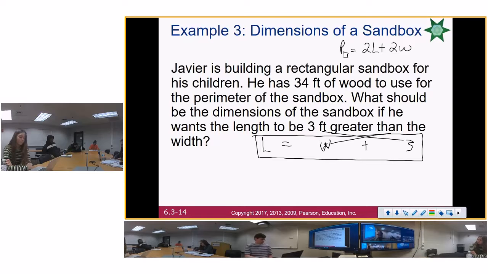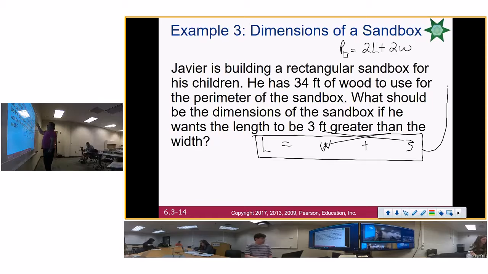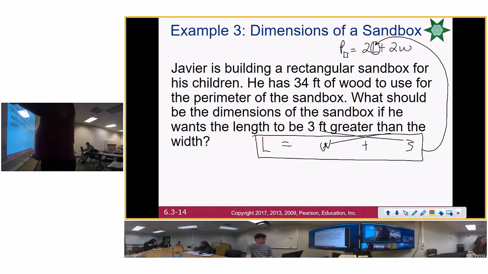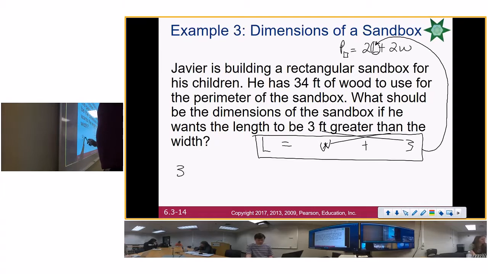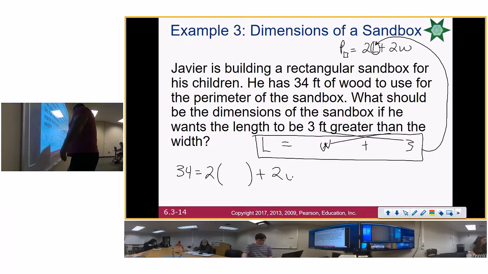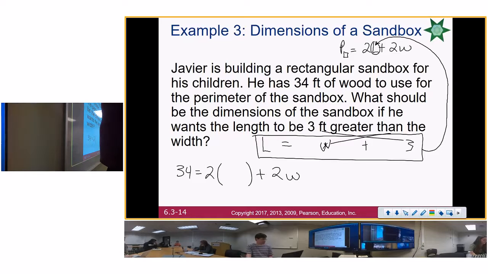You're going to plug it into the original equation, Hubert. That's right, class. So 34 is equal to 2 parentheses plus 2W. That would be W plus 3.